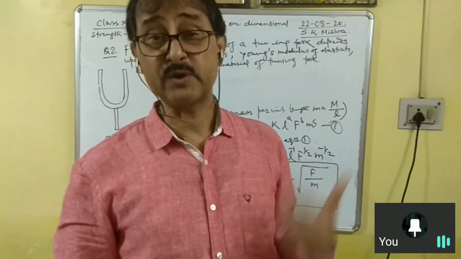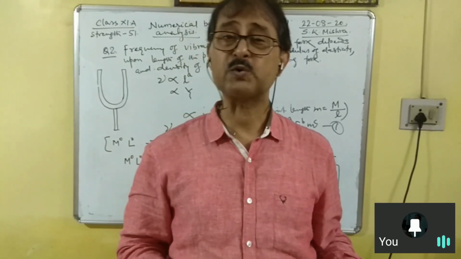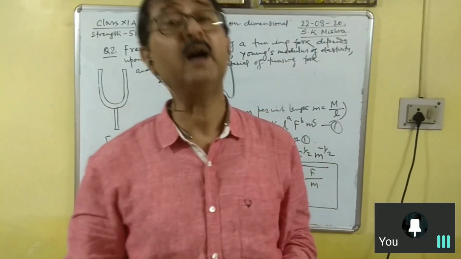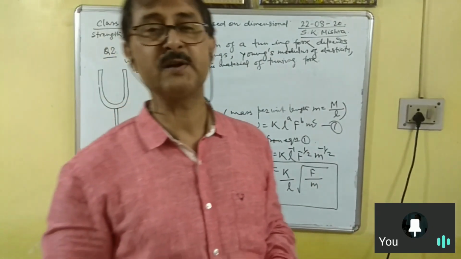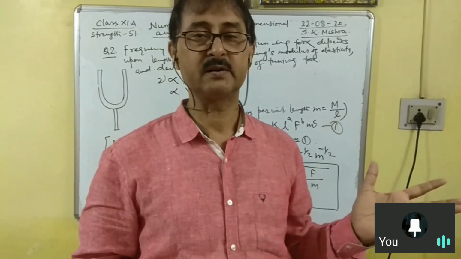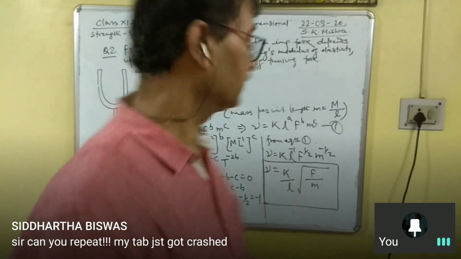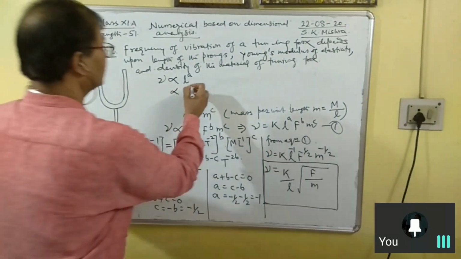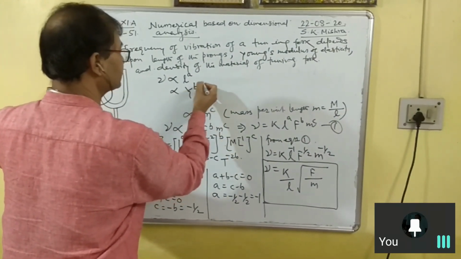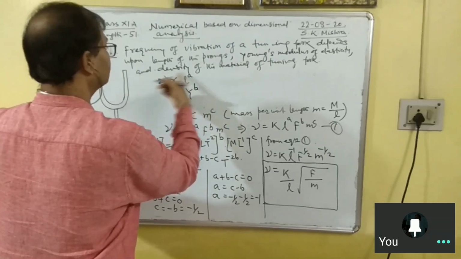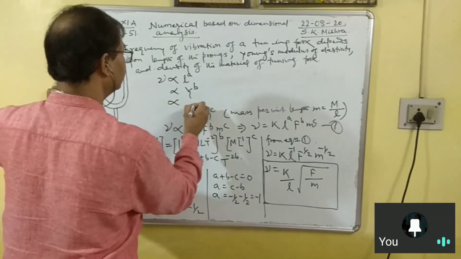But stress, which is deforming force per unit cross sectional area, has dimension similar to that of pressure. So stress has the same dimension as pressure. Then Young's modulus raised to B, Y raised to B, and then the third factor is density, D raised to C.